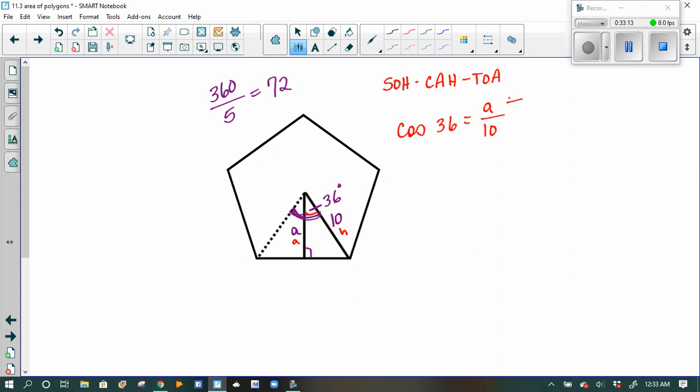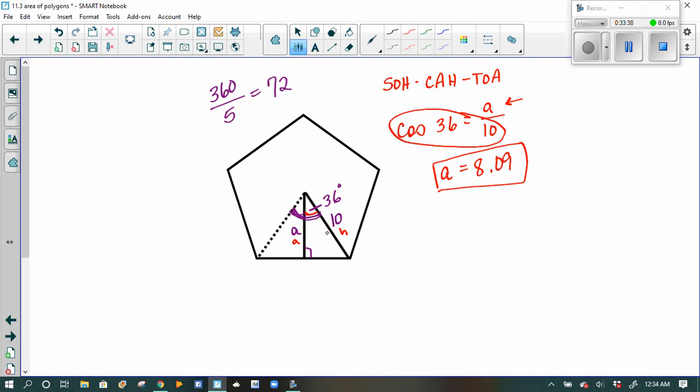So remember, when this is in the top, all you do is cross multiply these two. So the apothem is, so 10 cosine 36, 10 cosine 36 is 8.09. So the apothem is 8.09.